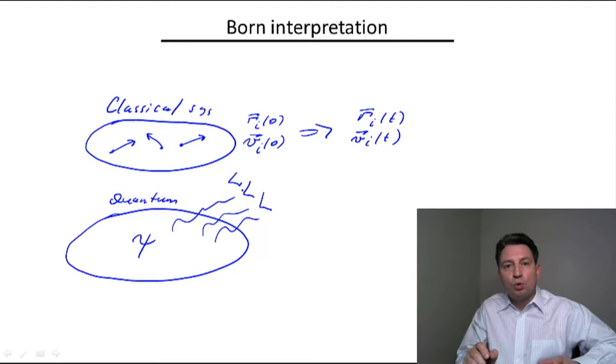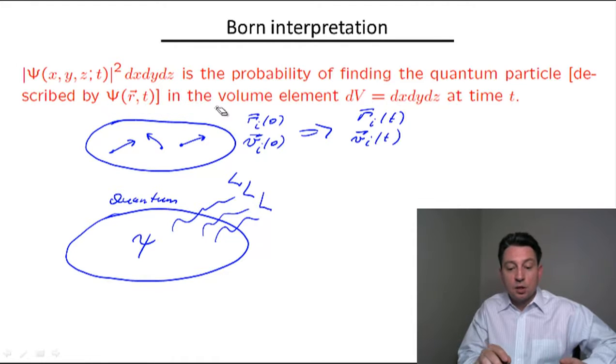Born realized it, and he also found a way to quantify this uncertainty using the wave function. What we know now as the Born rule is written here.